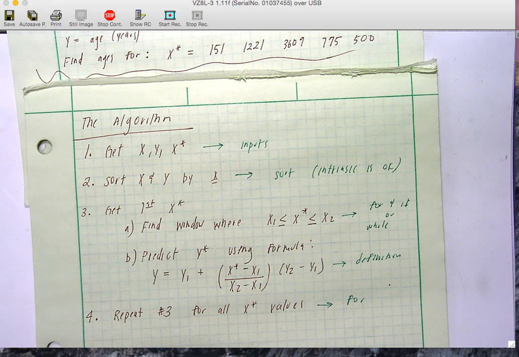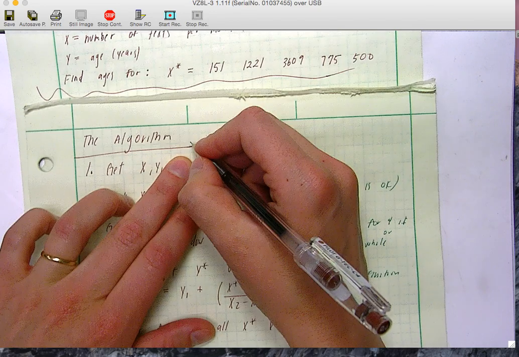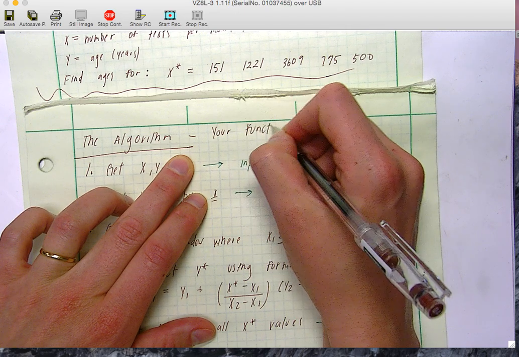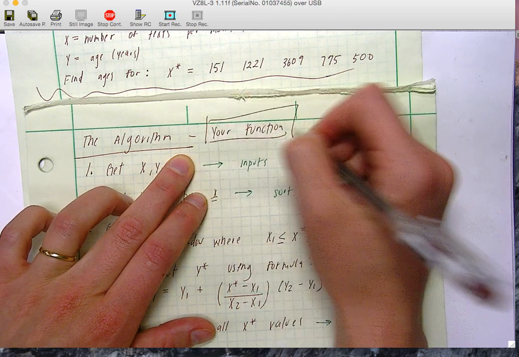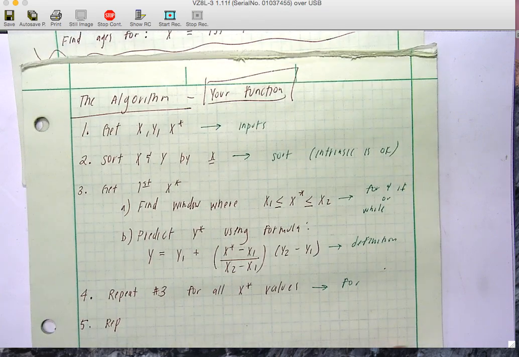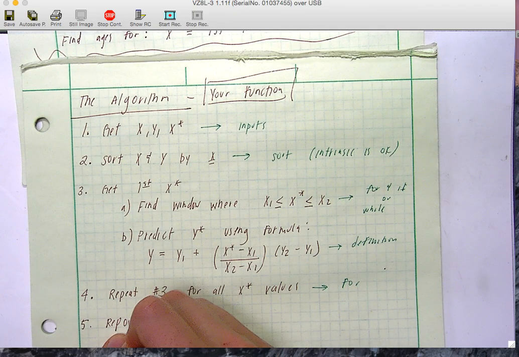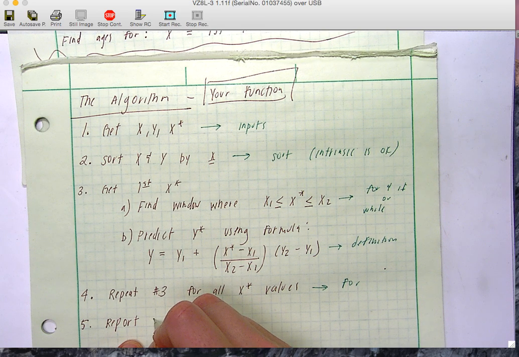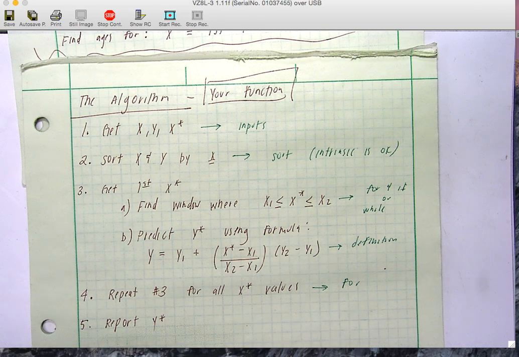So this is, I'm going to write this up here. So this is all going to be in your own function. And so once you finish finding all the y star values, you need to somehow report back what the y star value is.